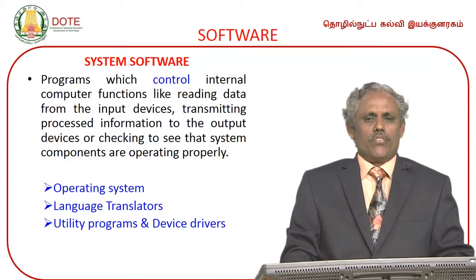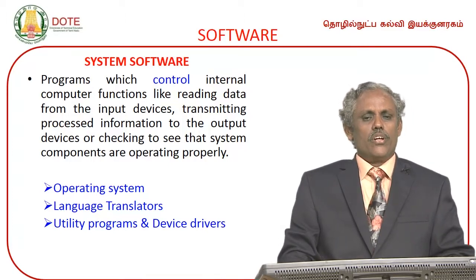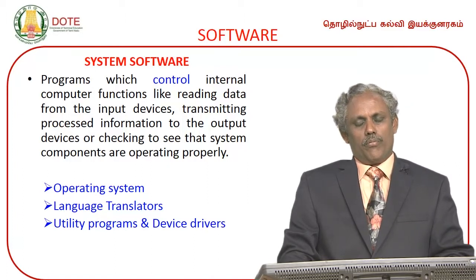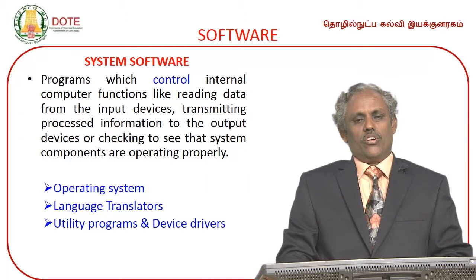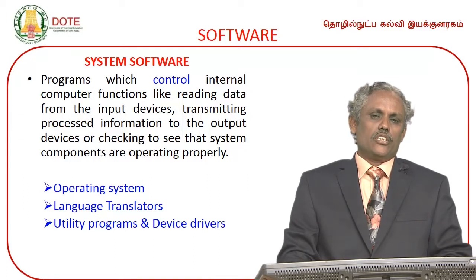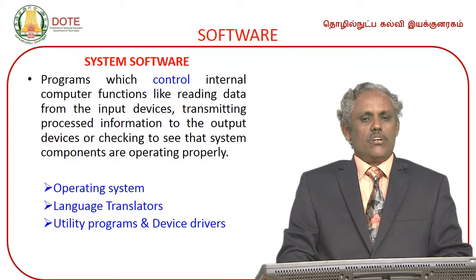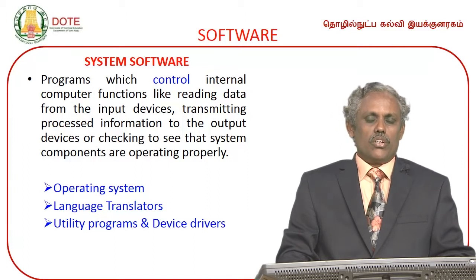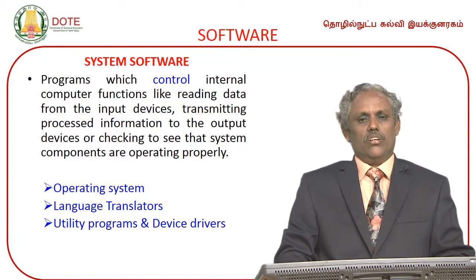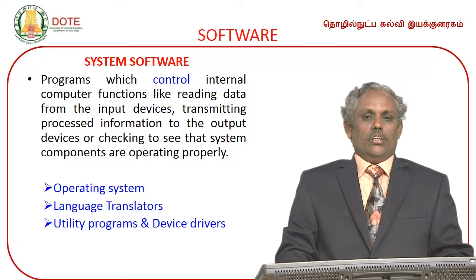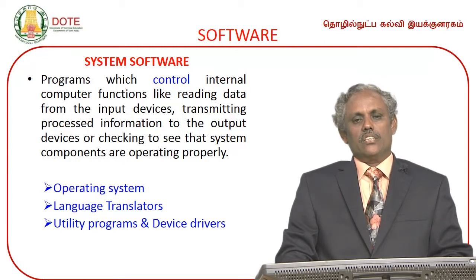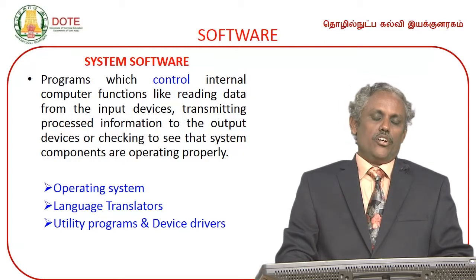There are different types of system programs. We normally use system programs like the operating system, which we call OS. This operating system is the main part in the computer. Without the operating system, the computer will not work. The system softwares are operating systems, language translators, device drivers and utility programs.